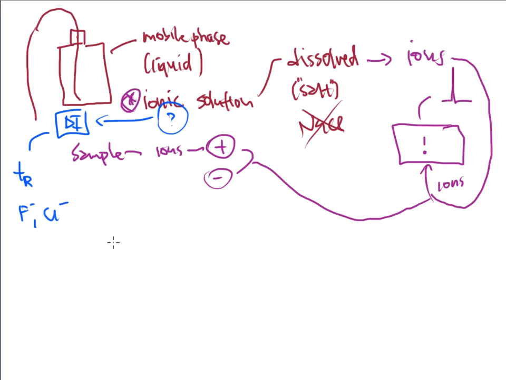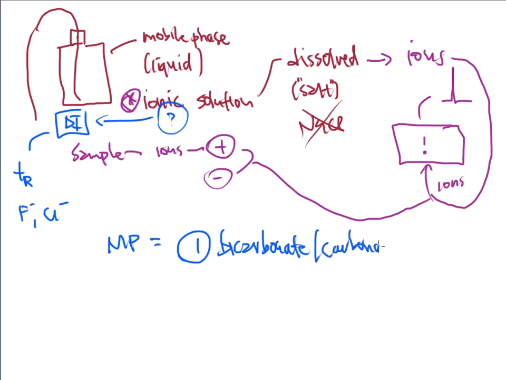As far as the mobile phase goes, there's really two versions here that are the most common. The very first one that we're going to talk about is a bicarbonate mixture. And when we talk about the amounts that we use to make these mobile phases, they are really in milligrams each.